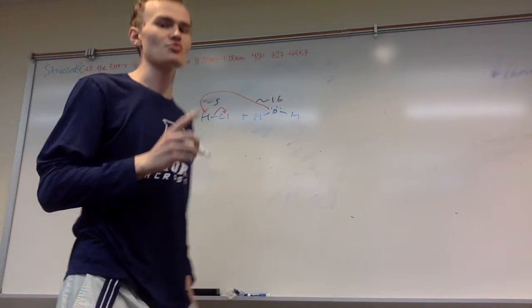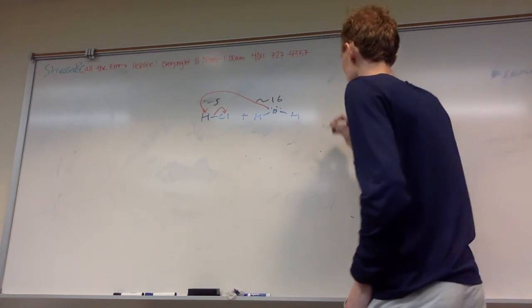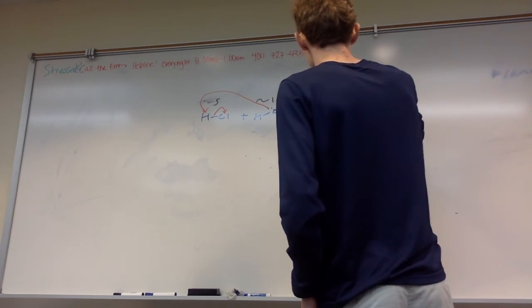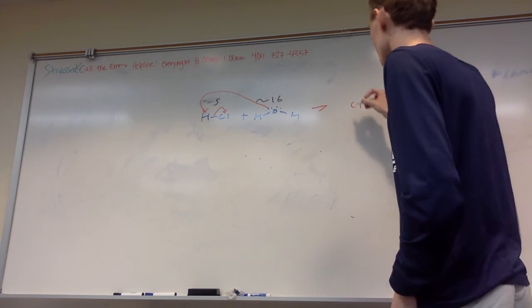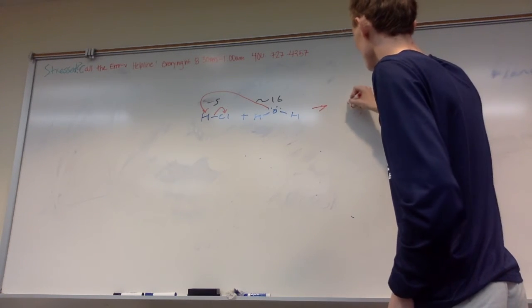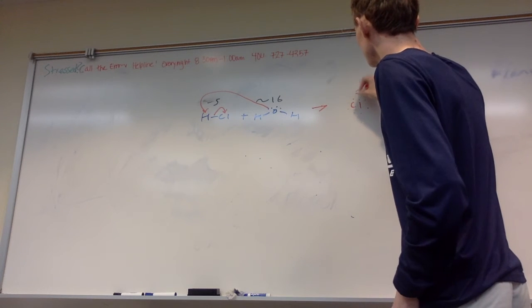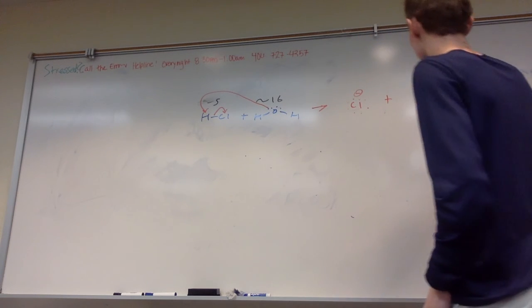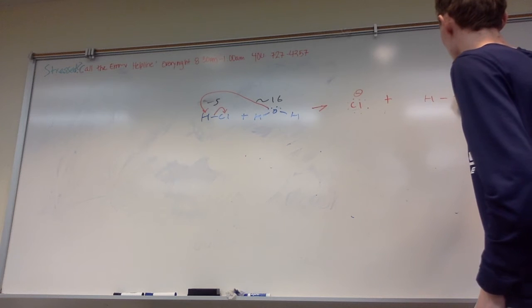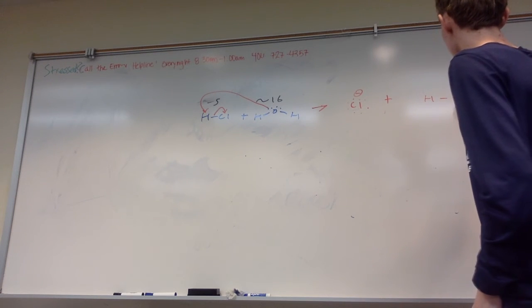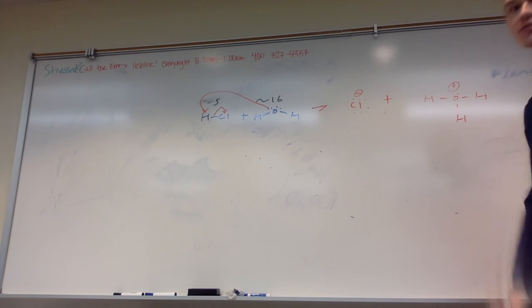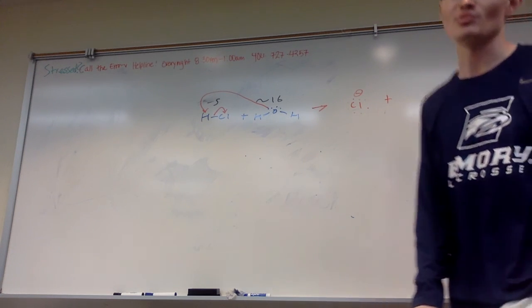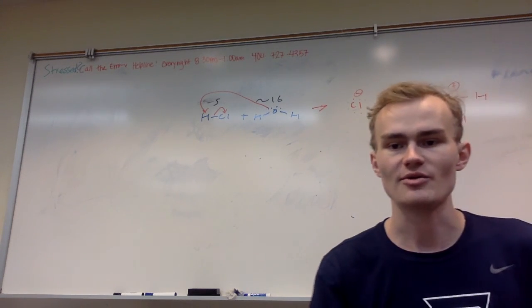If you notice, what we get in the products is Cl with 3 lone pairs, and then we have a hydronium ion. So those were the nuts and bolts of how this works.